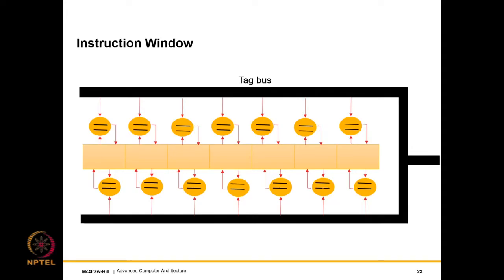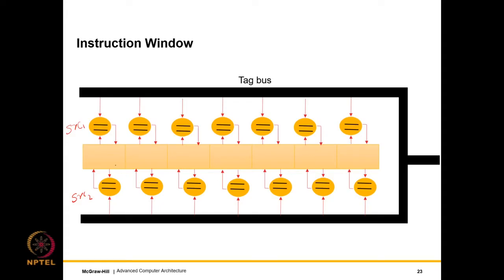So what would be a representation of this? Well, the representation is very simple: in the simple diagram there is a tag bus. The tag is being broadcasted to both sides. Let's say one side are comparators for the first source operand and the second side are comparators for the second source operand. The tag could match any one of them.